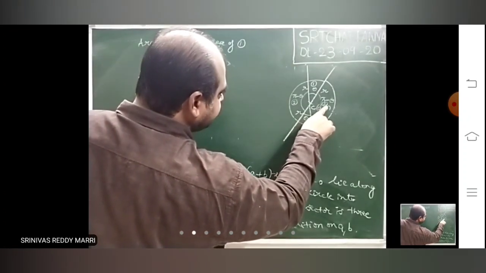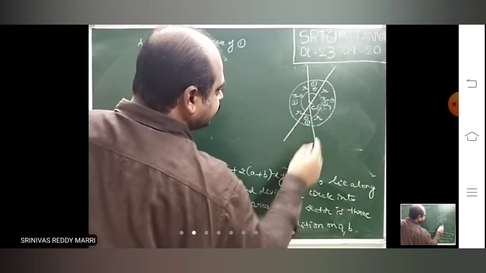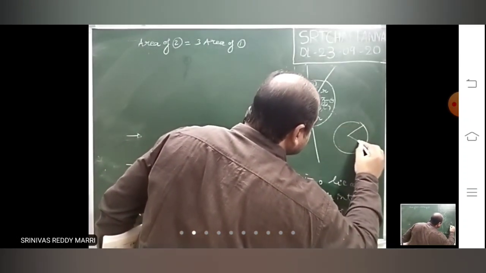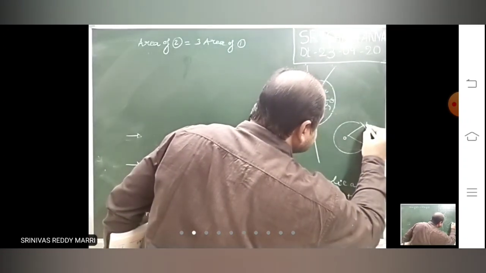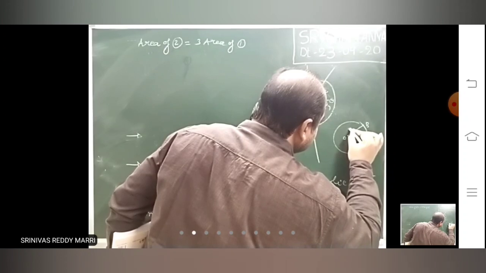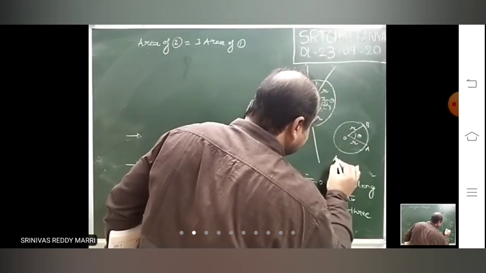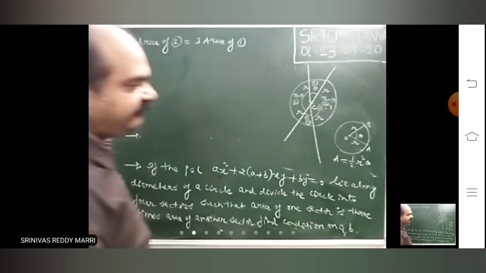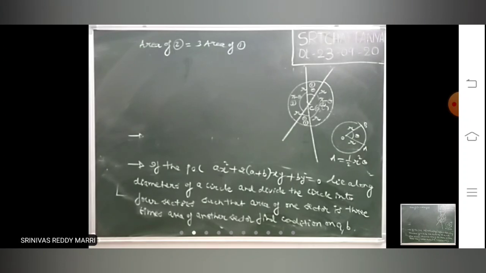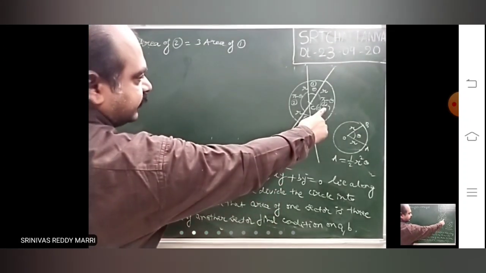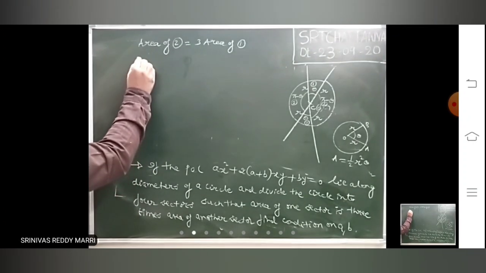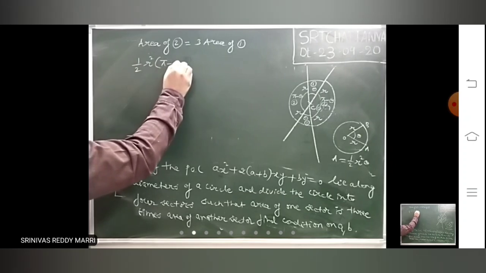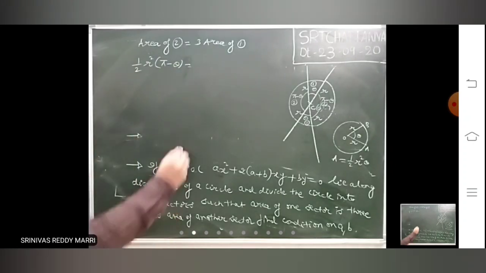If the sector is like this, let us say sector is this. What is the area? This is angle theta. This is R, this is R. What is the area? Half R square theta, if R is the radius and theta is sectorial angle. So area of sector 2 is nothing but half into R square into pi minus theta. Pi minus theta is the sectorial angle.